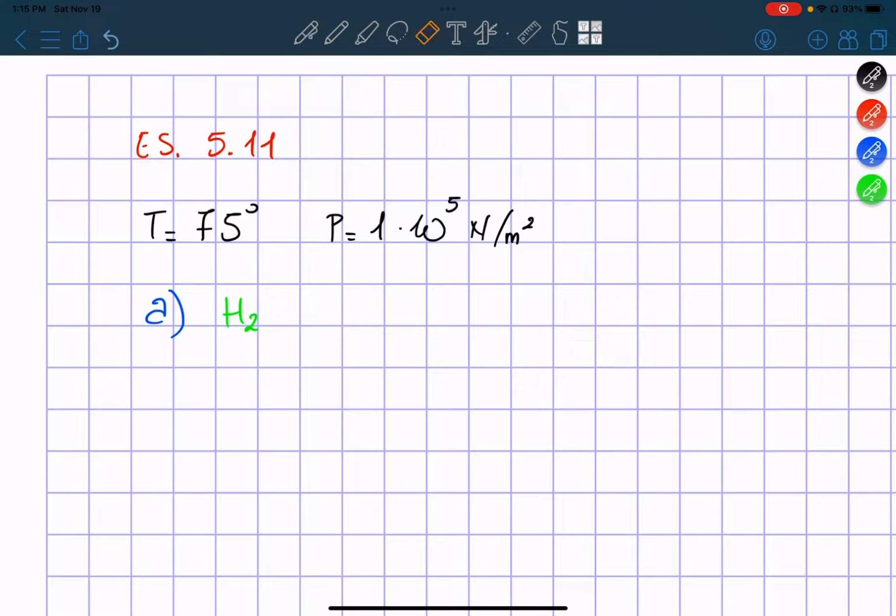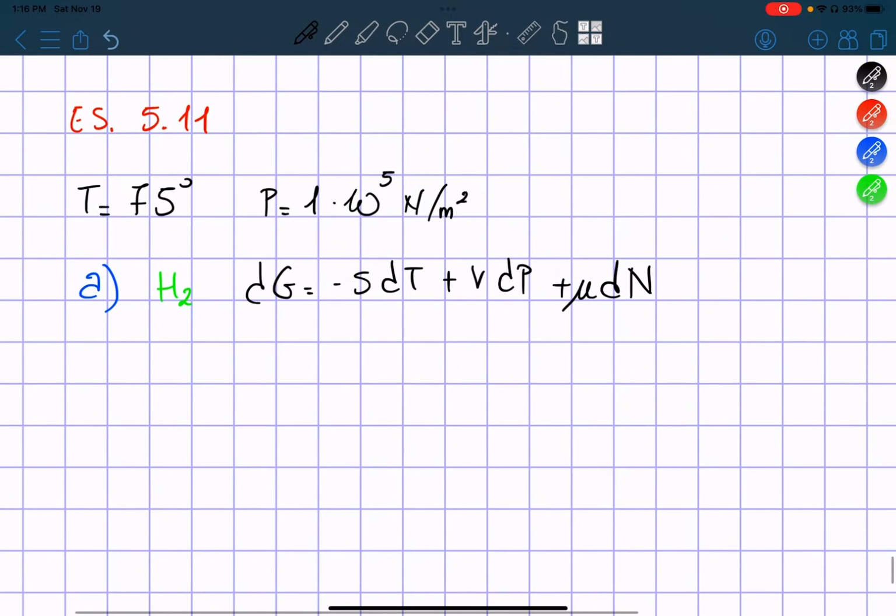Now we know that for Gibbs energy, we can use the formula that we derived in exercise 5.8, I believe it was. We have that dG, which of course is the change in Gibbs energy, is equal to negative S dT plus V dP plus mu dN.